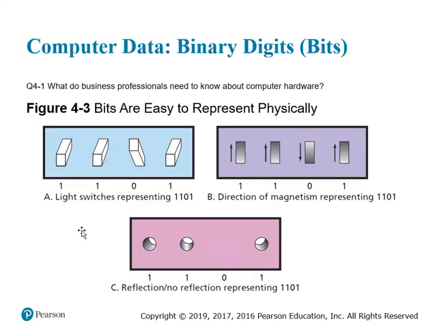Let's see here. Binary digits. Now, personally, I don't think that you as business professionals are going to need to know how binary digits or bits facilitate everything that happens with your information systems.